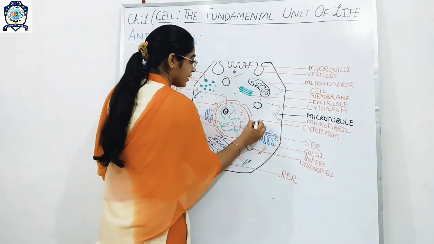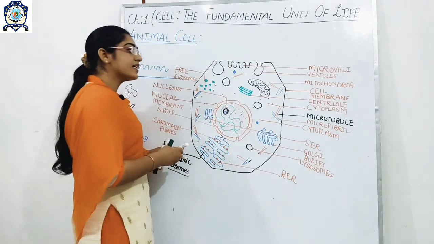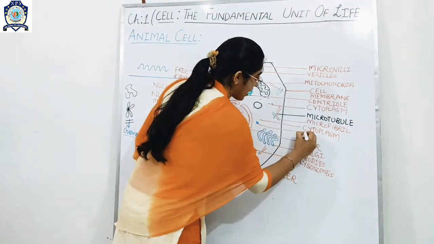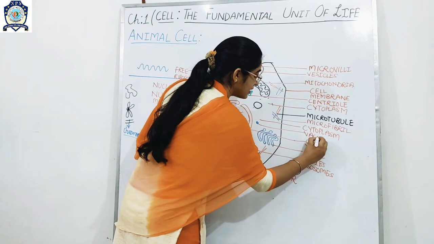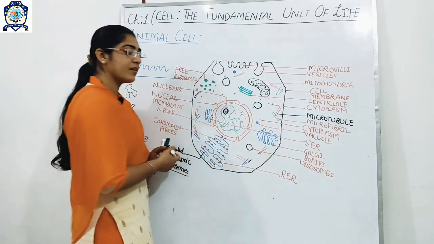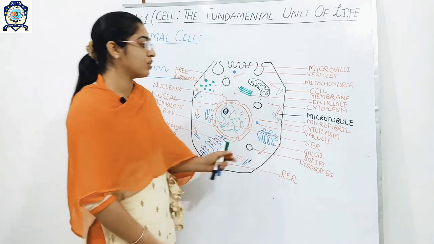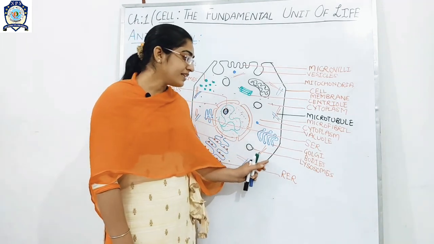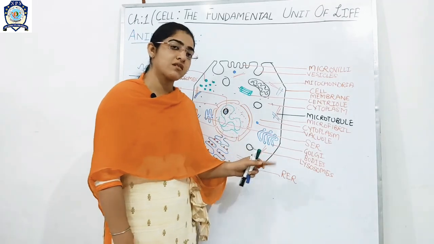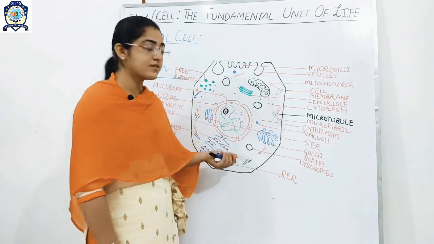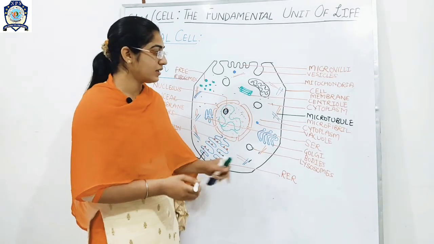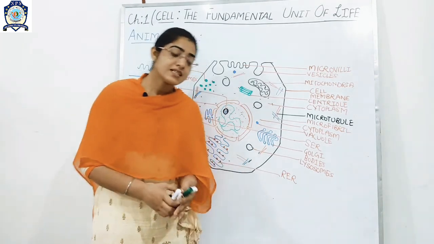So in this way, if they are present then these are the vacuoles and these are smaller in size. Vacuoles are rarely present because the function of vacuole is storage. And in case of the plant cell, in the last we will discuss what the difference is. Okay, so this was all about our animal cell structure.